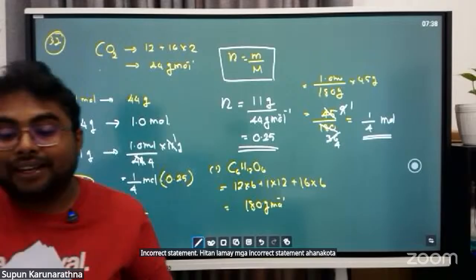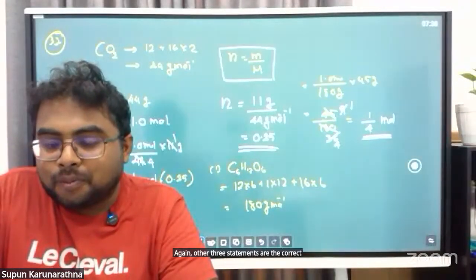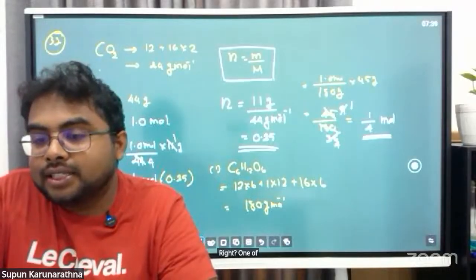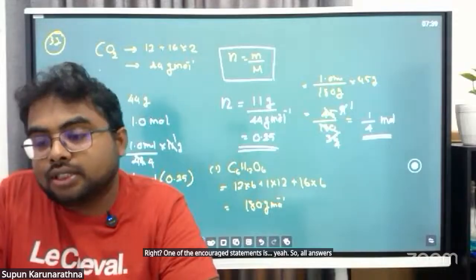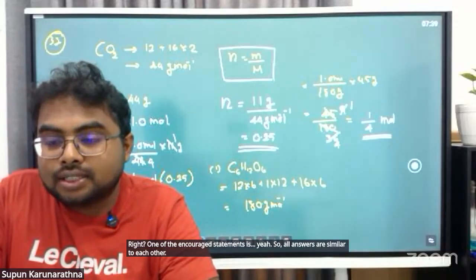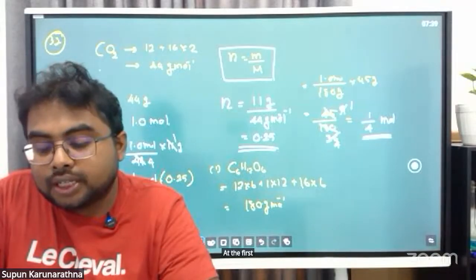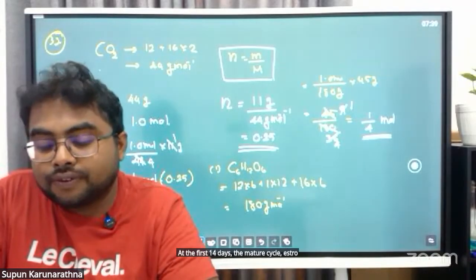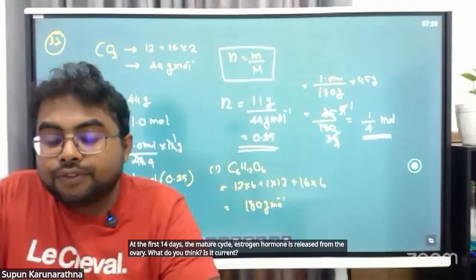When an incorrect statement is asked, the other 3 statements are the correct ones. One incorrect statement is there, and all answers are similar to each other. Therefore, we need to find the answer very carefully. In the first 14 days of the menstrual cycle, estrogen hormone is released from the ovary. What do you think? Is it correct? Yes. The second one, the estrogen hormone level is high in the first 14 days.